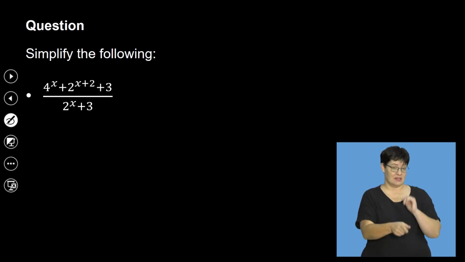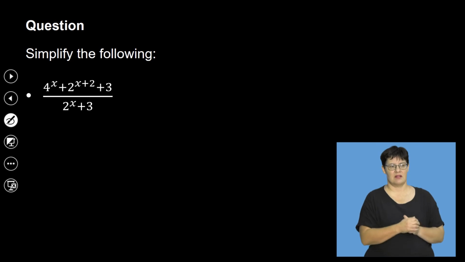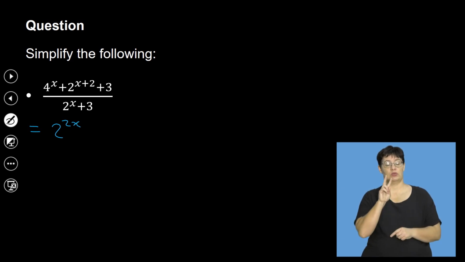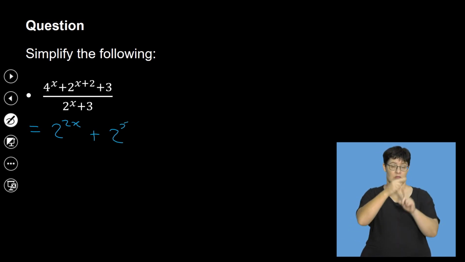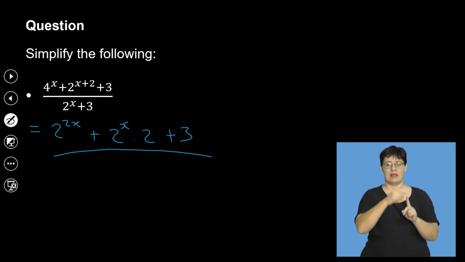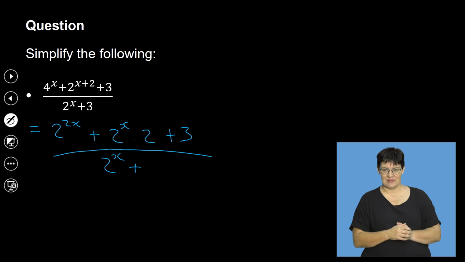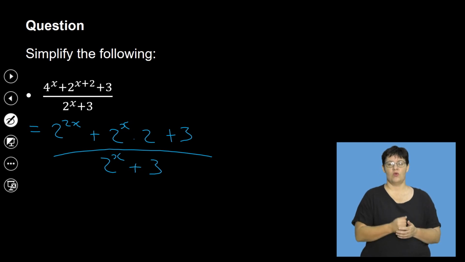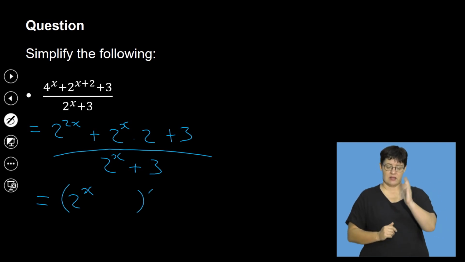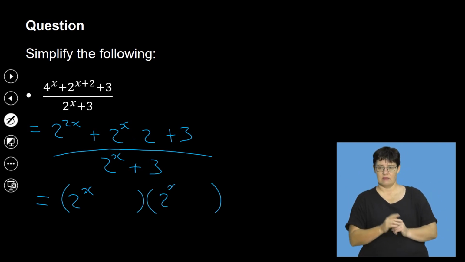Now, one last one, just to simplify this one, right? This will be 2 to the exponent of 2x, right? Plus 2 to the exponent of x times 2 plus 3. Now you are familiar with what we need to do here, so I'm just going to do this one straight away, right? Which will therefore be equal to 2 to the exponent of x in the bracket, and then another 2 to the exponent of x.